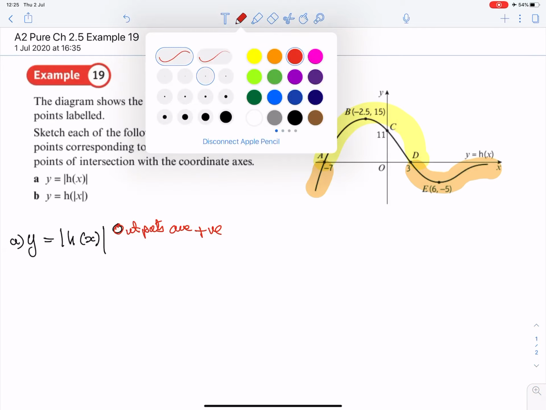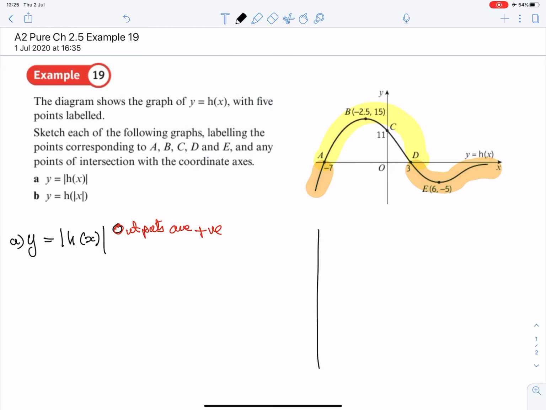So our answer will look something like this, because these bits are unchanged, so that's 3, that's 11, that's -2.515, that's the highest point here, and this is -7.